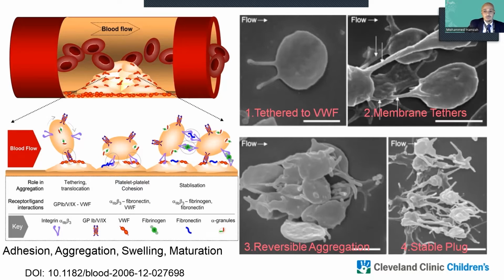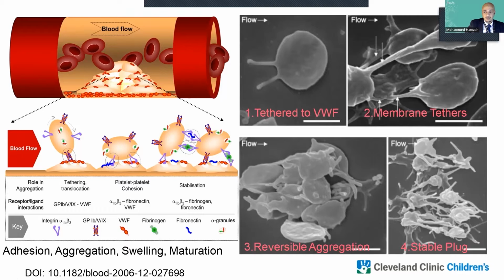Under electron microscopy, you can see a discoid platelet that starts to form membrane tethering during the adhesion to the von Willebrand factor. And in image 2, you can see platelet aggregates start to form with the help of formation of the adhesion contact between the discoid platelets together through the membrane tethers, which is what the arrow is showing you. In the third stage, there is a reversible aggregation of the discoid platelets.